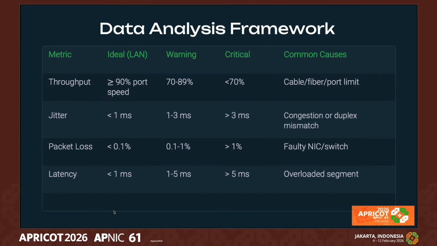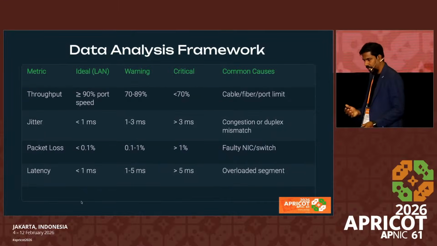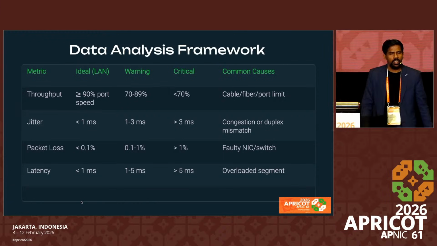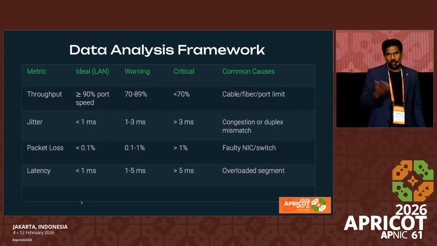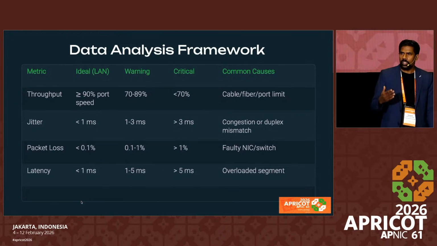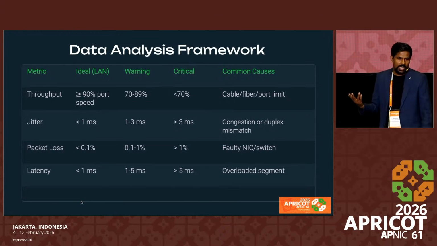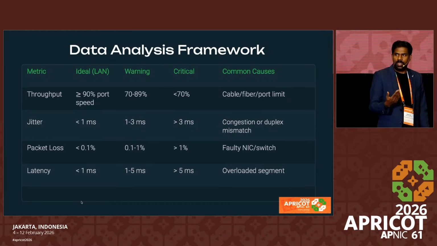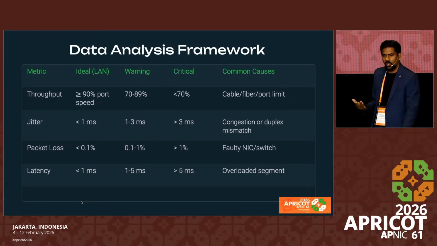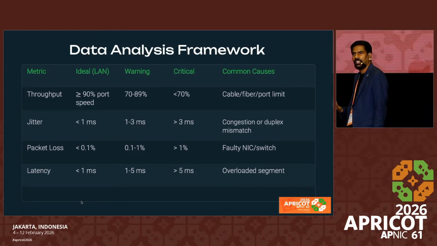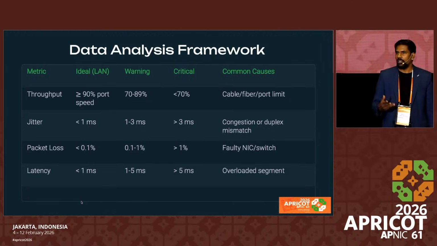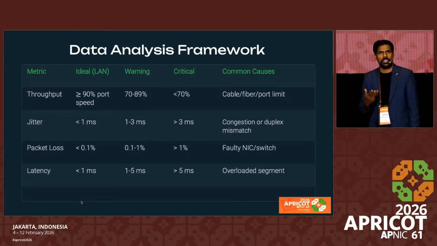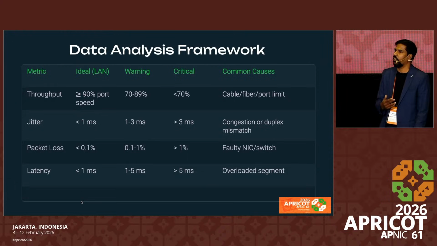So if the throughput is greater than 90%, it might be a problem with your cable, whether it be a UTP cable or a fiber cable, or it could be a switch port. And less than 1 millisecond, it could be jitter. So mostly you have to check for congestion, or check for a duplex mismatch, might be your SFP transceivers or your network card.